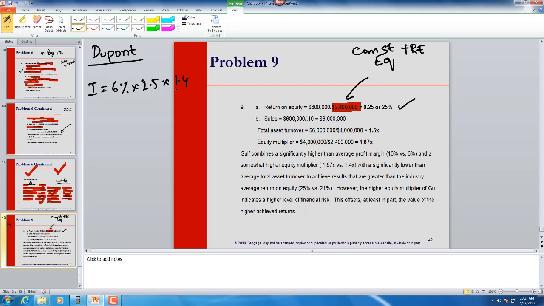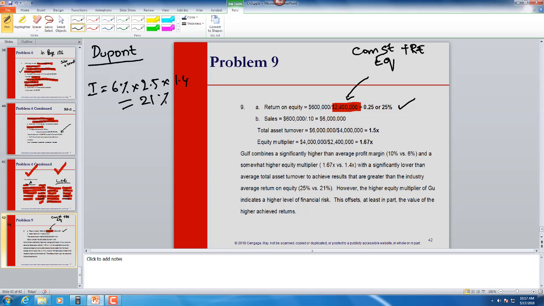What is 40% of 15? 6. So 21. Yeah, it is 21%.